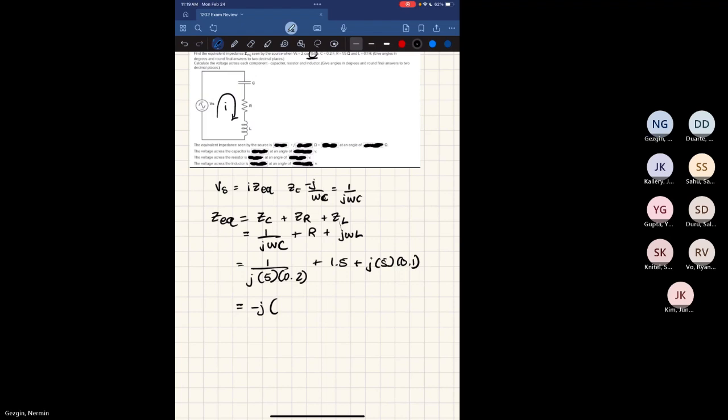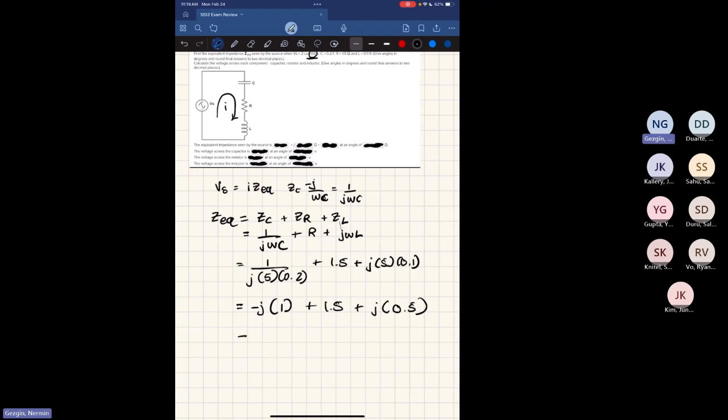So if you do 1 divided by 5 times 0.2, that's negative 1, plus 1.5, plus j times 5 times 0.1, that is 0.5.